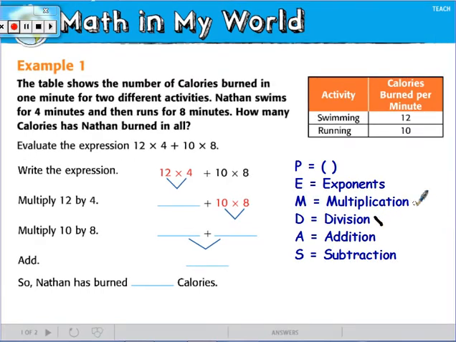Multiplication and division go in order. Okay? Addition and subtraction go in order. So, these two go in order. And these two go in order.